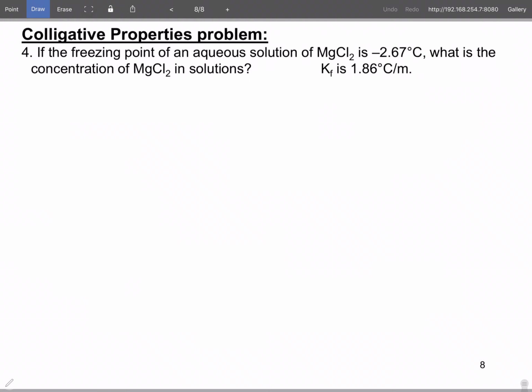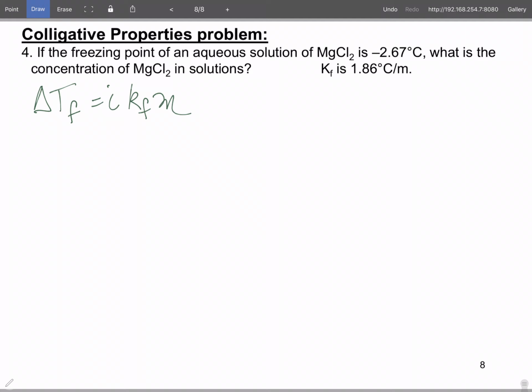Okay, I want to work one more problem because I want to work it the other way. And by the other way, I mean I want to look at it with respect to the i factor. So when you look at the formula, delta T is equal to i K sub F molality.